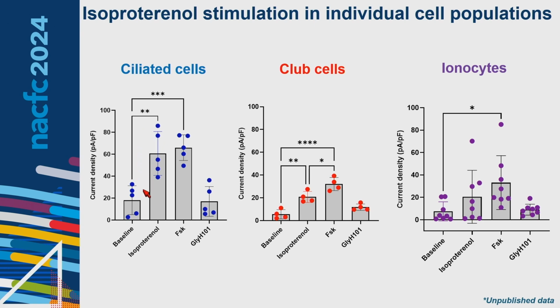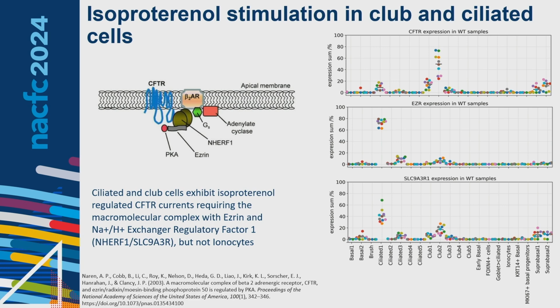As we all know, isoproterenol acts on the beta-adrenergic receptor, which requires the NHERF and the ezrin complex to bring about its activity. So we wanted to look at the presence of the ezrin and the NHERF complex in our single-cell RNA-seq data.